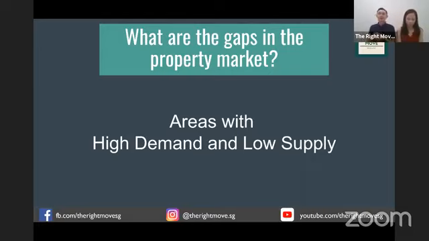This is something we share with a lot of our clients looking to buy properties today: one has to be able to visualize who you're going to sell your property to in the future. If you cannot, that is a problem. An example I like to raise is a one-bedroom penthouse.